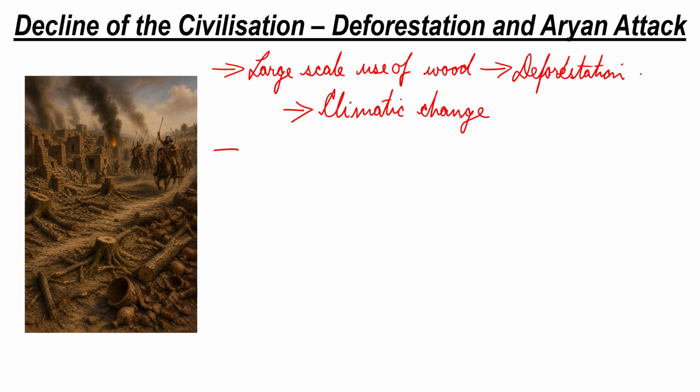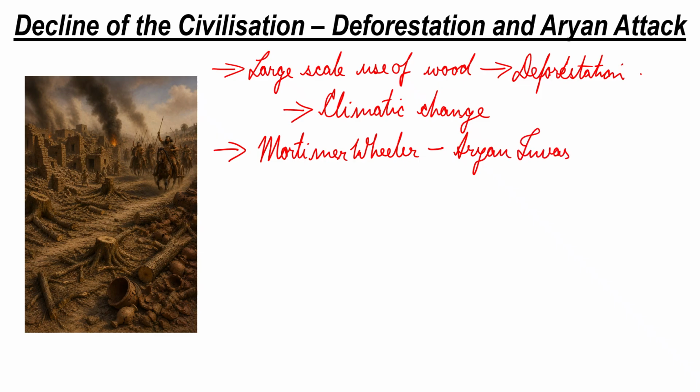But some historians are there, like Mortimer Wheeler. They propose a theory called Aryan invasion theory.